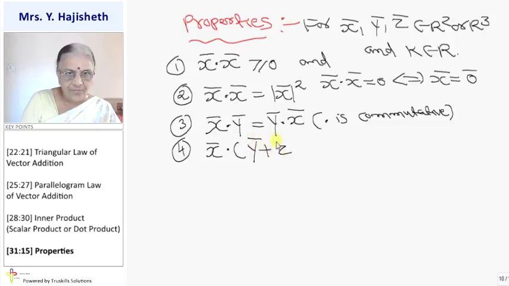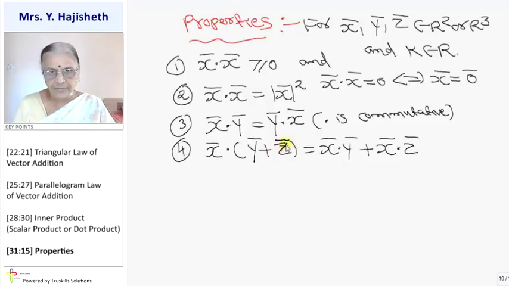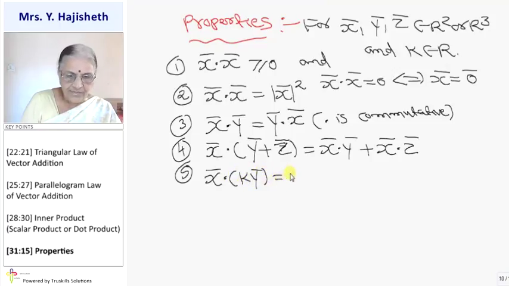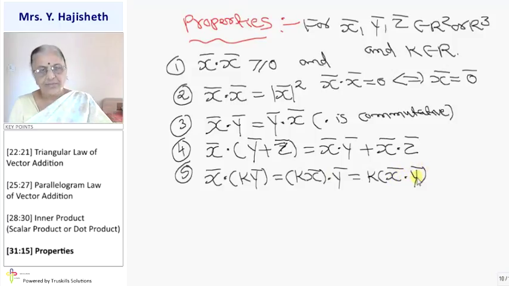X dot (vector y plus vector z) is x dot y plus x dot z. Clear? And fifth property is x dot ky is kx dot y, or k times x dot y. These are the 5 properties of scalar product.